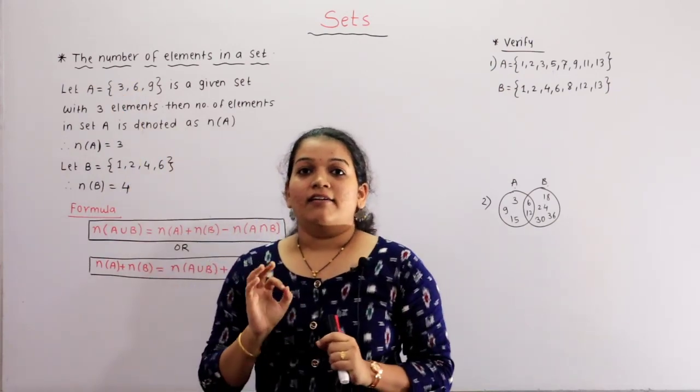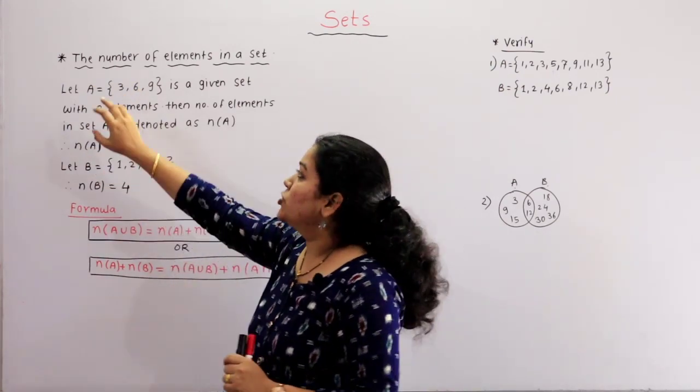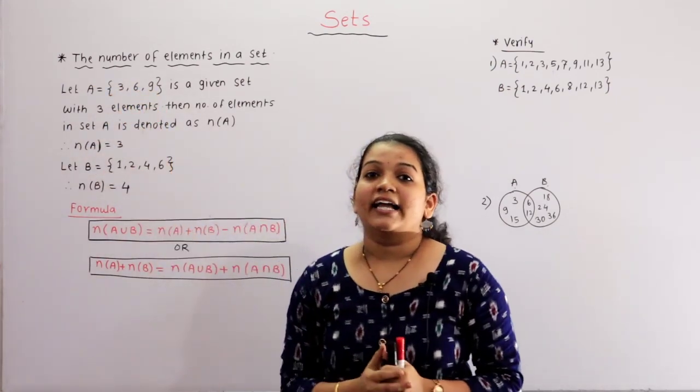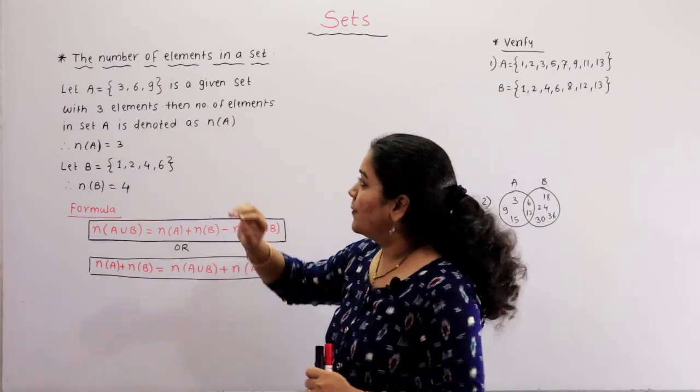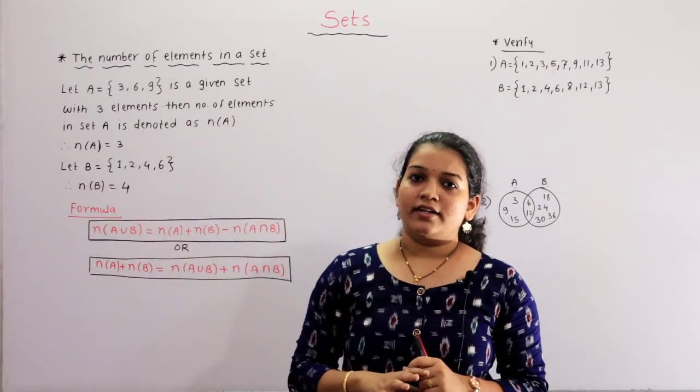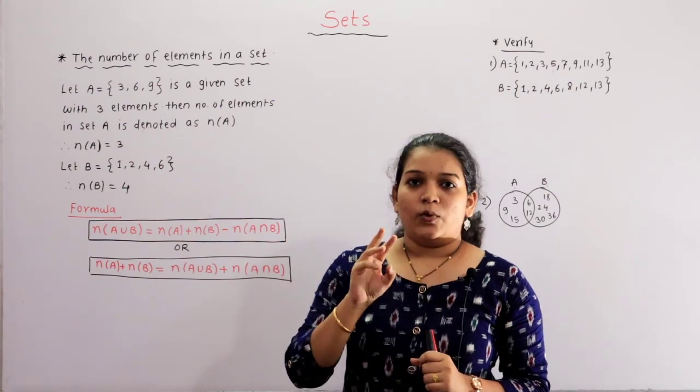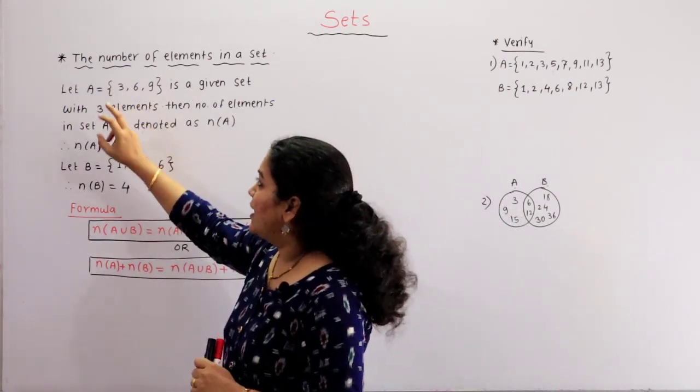Suppose there is a set A which contains 3, 6 and 9 as elements. So how many elements are there in total in A? 1, 2, 3. 3 elements are there.